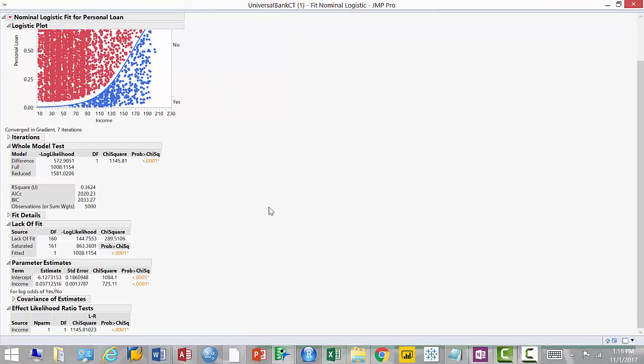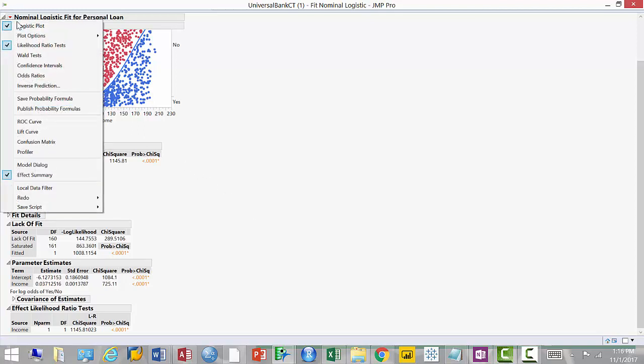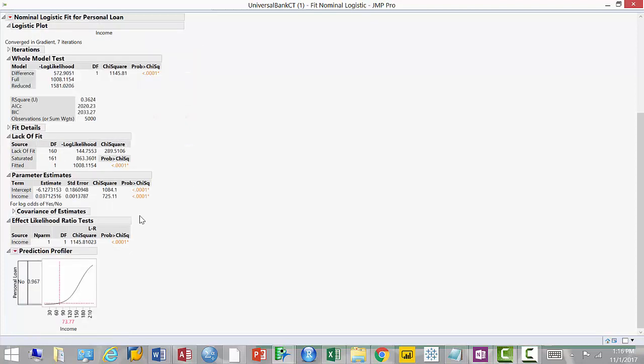Well, I could do the same exact thing using the built-in tool, right? So let's go to the red triangle menu, and remember how it's called? Profiler, right? It's called Profiler. So if I call the Profiler, there it is. So here all I have to do is really replace my number with the income, 100,000, and there it is, okay?